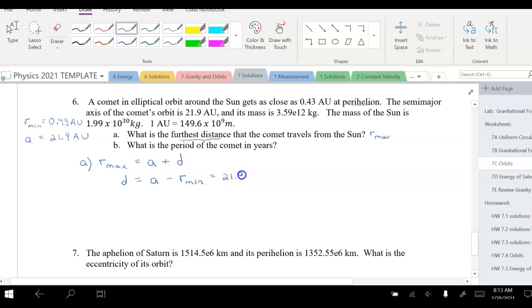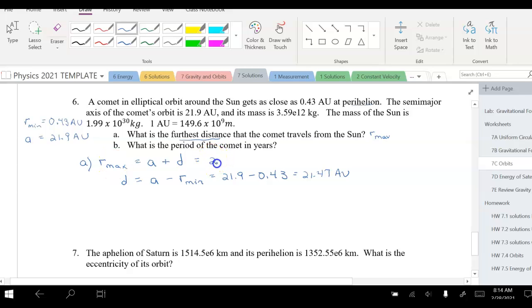Okay? So I get 21.47 AU as d. So if I add that to the semi-major axis, then I'm going to have the r max. Let's see here.